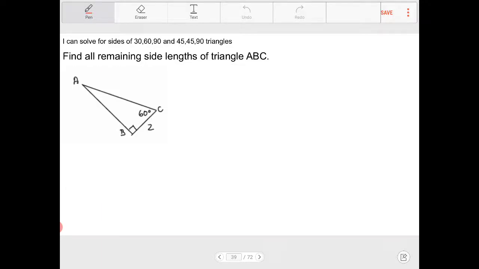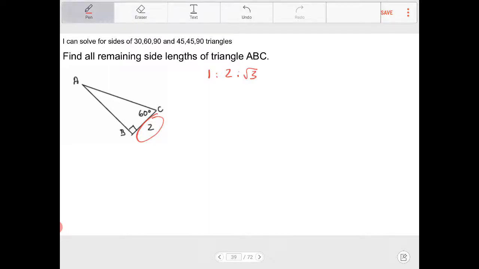So now that we have this understanding that a 30-60-90 triangle will always have this proportion, 1, 2, square root of 3, and now I have this leg right here. This is 2, okay? So this 2 corresponds with which of the proportion here? That 2 corresponds with the shortest side.